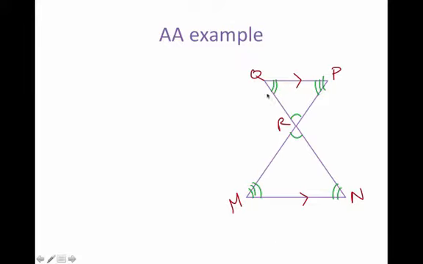But I only need to know two angles are congruent to use the angle-angle similarity. So that's enough to determine that triangle RQP is similar to triangle RNM because of the angle-angle similarity.